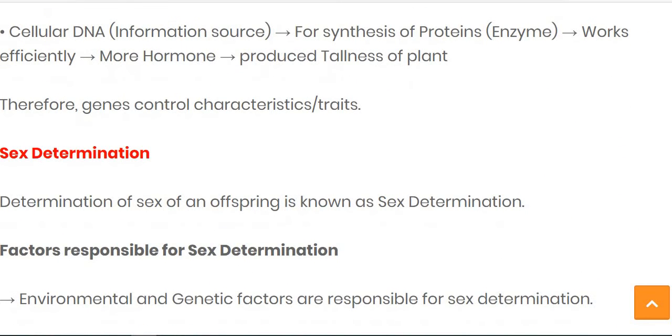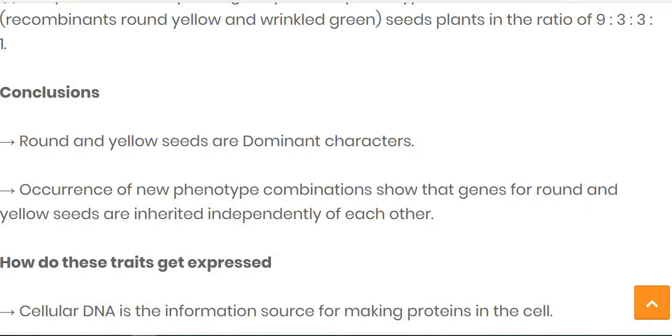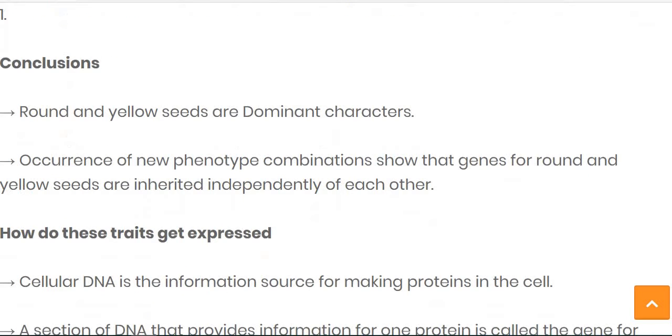And from observation we can say that here the round and the yellow seed become the dominant characters because they show in the next generation. It is the expressed one, so we consider it a dominant characteristic. Whereas in the occurrence of new phenotype combinations, one is dominant and the other is recessive, but only the dominant character is the expressed one.